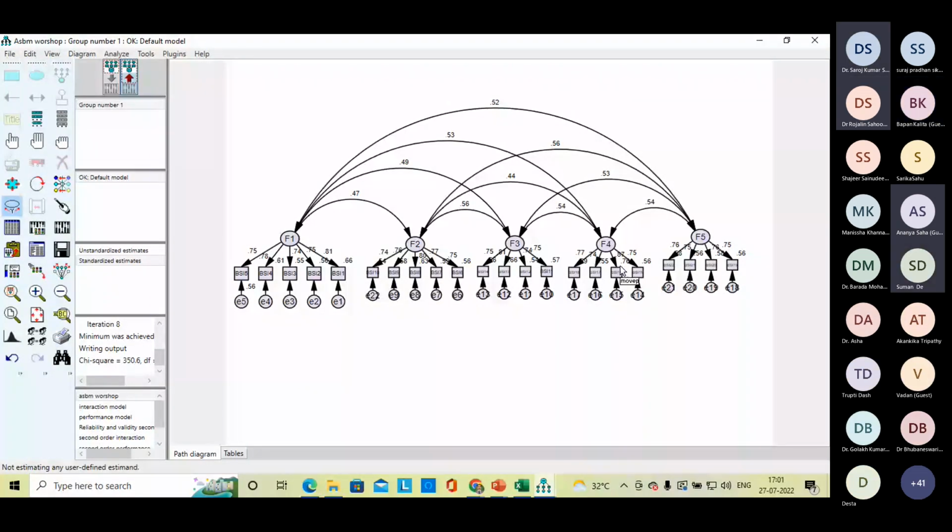Now coming to F4. Look at my cursor movement. BSI 15 to F4 is 0.75. So 0.75 plus 0.87 plus 0.74 plus 0.74 plus 0.77, divided by 4, because 4 indicators are there under F4.